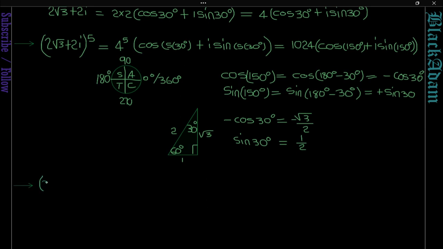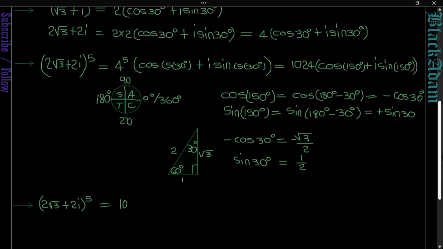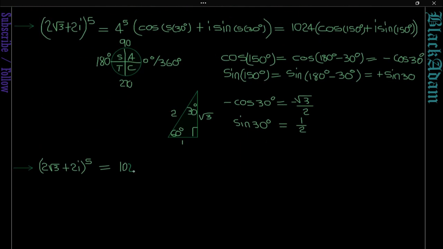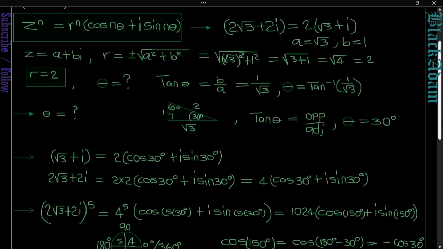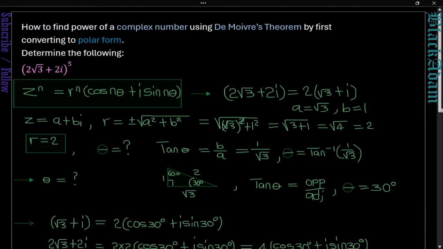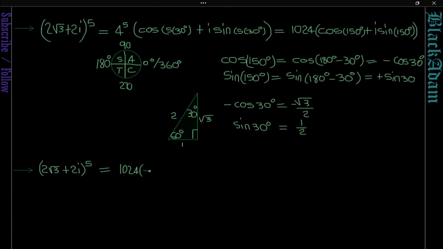Then we go back, and 2 root 3 plus 2i to the power 5 gives us 1024, which is times negative root 3 over 2 plus half i.